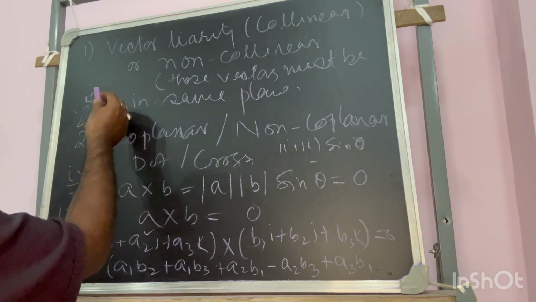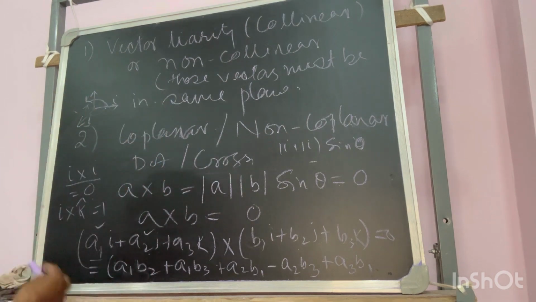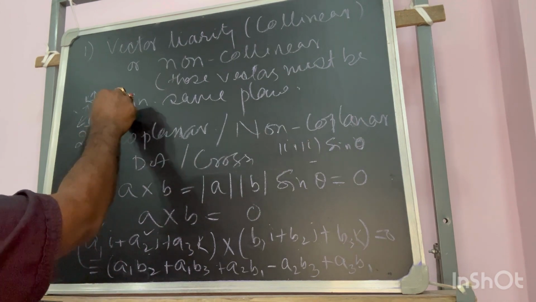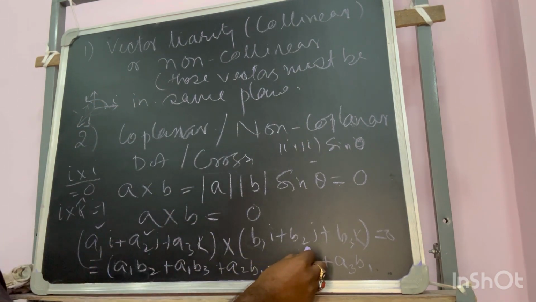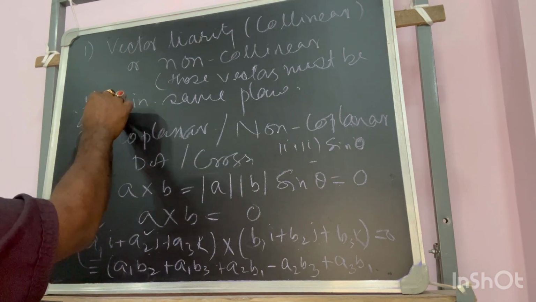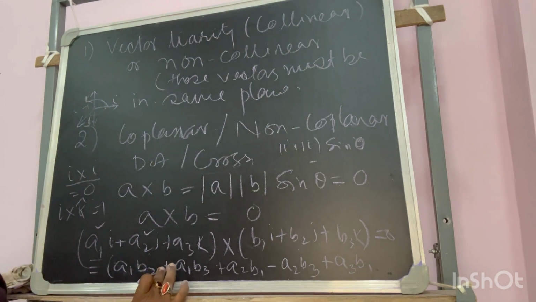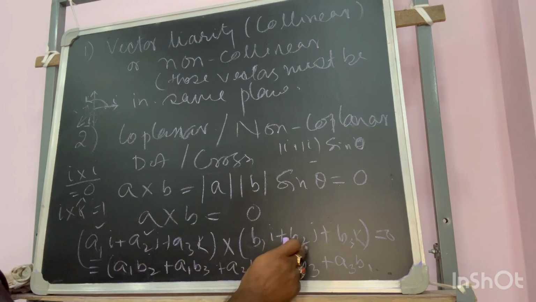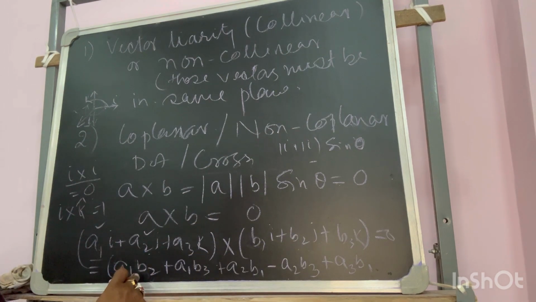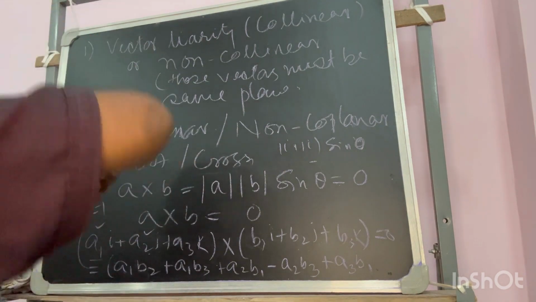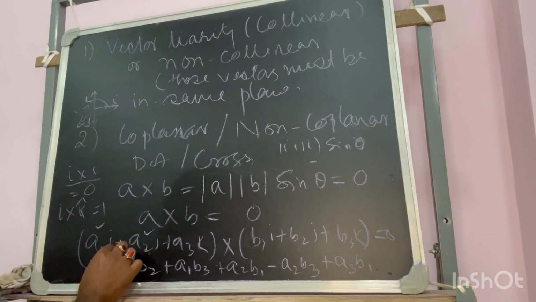Now initially, a1 b1 is 0, and a1 b2 is i and j. From i to j, moving this way, it will be positive. Then i and k, from i to k, it will be negative, so you have to take minus here.